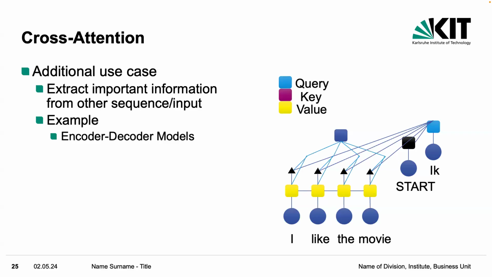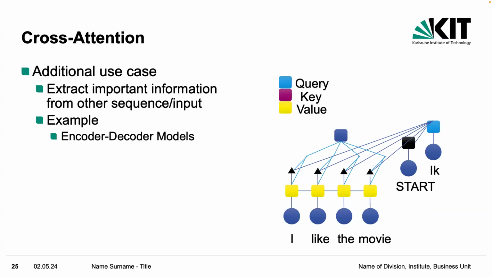So you have here the sequence, I like the movie, and it provides the keys and values, but now you're not attending to yourself as in self-attention. You have another sequence which tries to attend to this sequence to extract the most important information. You take the query, compare it to all the keys of the sequence to get the similarity, then take the values and weight them with that similarity, and that gives you the summary.